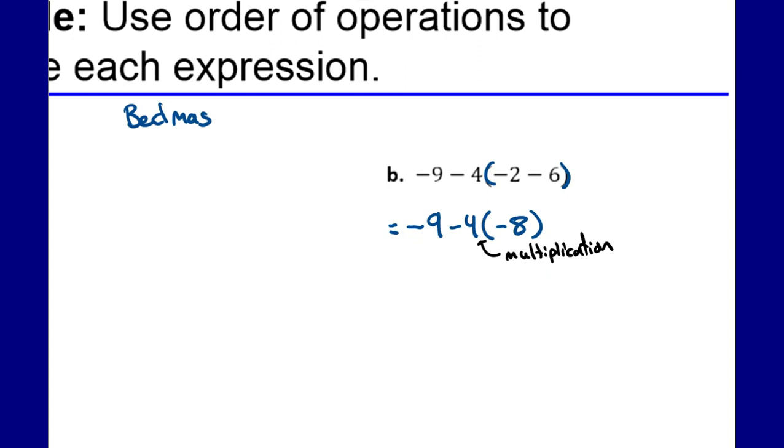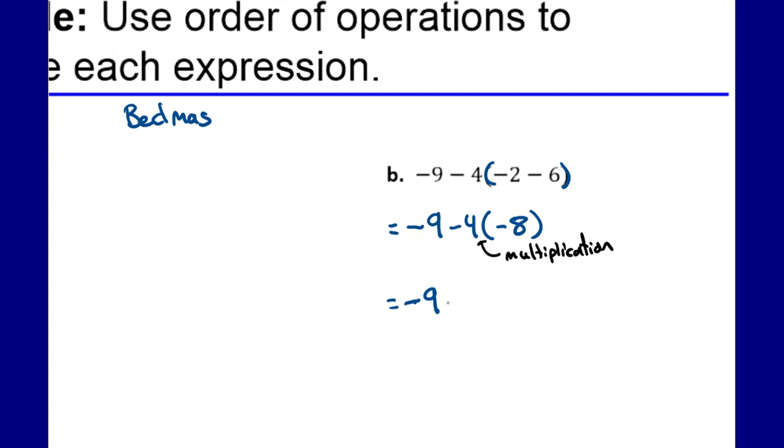Multiplication is one of those operations that you might not always see the times symbol for. So when we have a number right next to a bracket, it means multiplication. That is also the next operation we're going to do. We're going to leave the negative 9, and then we have minus 4 times negative 8, and there are two ways you can do it.